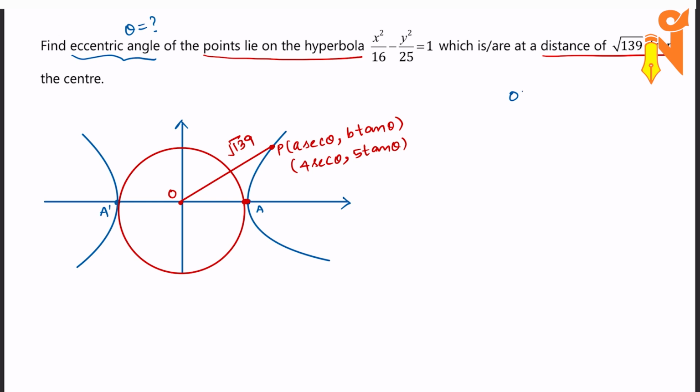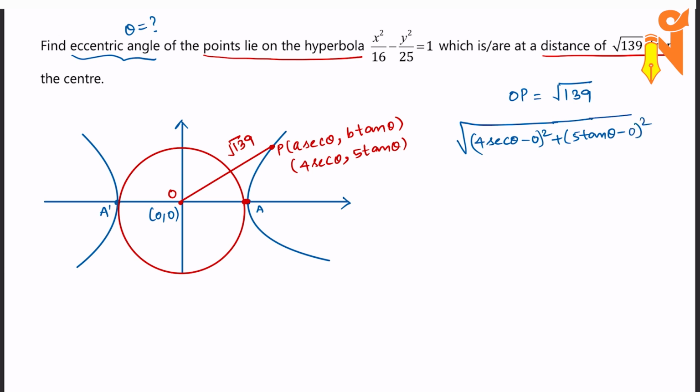Using the distance formula, OP is equal to root 139, and we know the center coordinate is 0, 0. So it is root of 4 secant theta minus 0 whole square plus 5 tan theta minus 0 whole square, equal to root 139. Square on both sides and expand it.